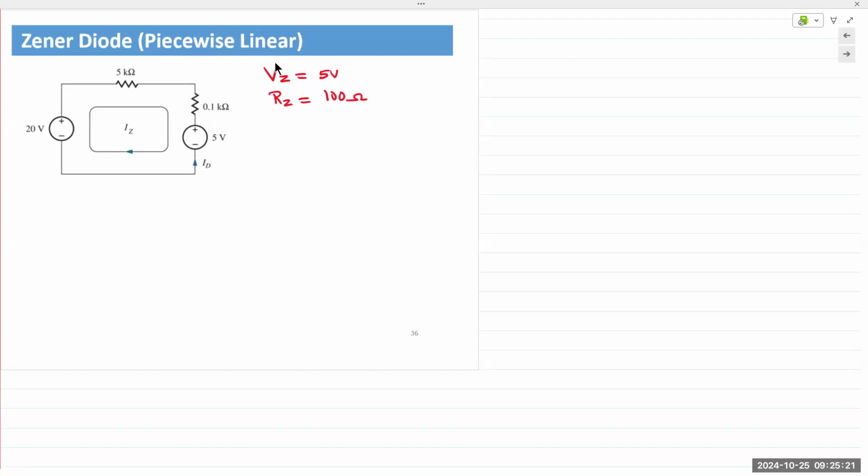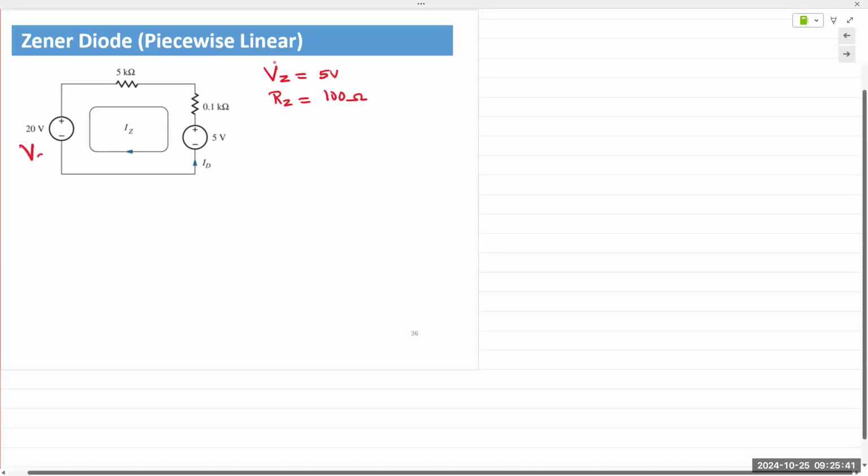So with a piecewise linear model, of course, we make assumptions, and the assumption is that our Zener diode is going to be on. Now, if the input voltage is less than Zener voltage, then the diode will not turn on, as we stated earlier. In this case, we see that the source voltage Vs is greater than Vz. Therefore, we can assume the diode is on.